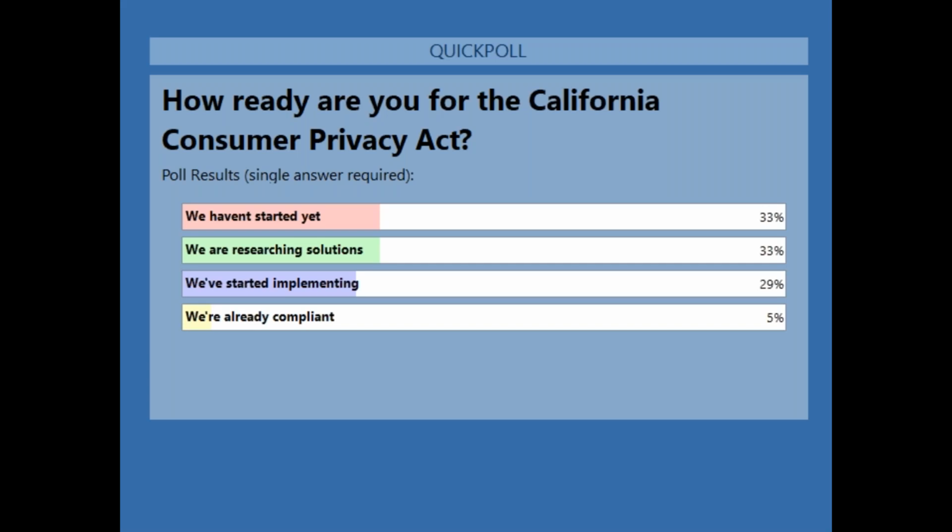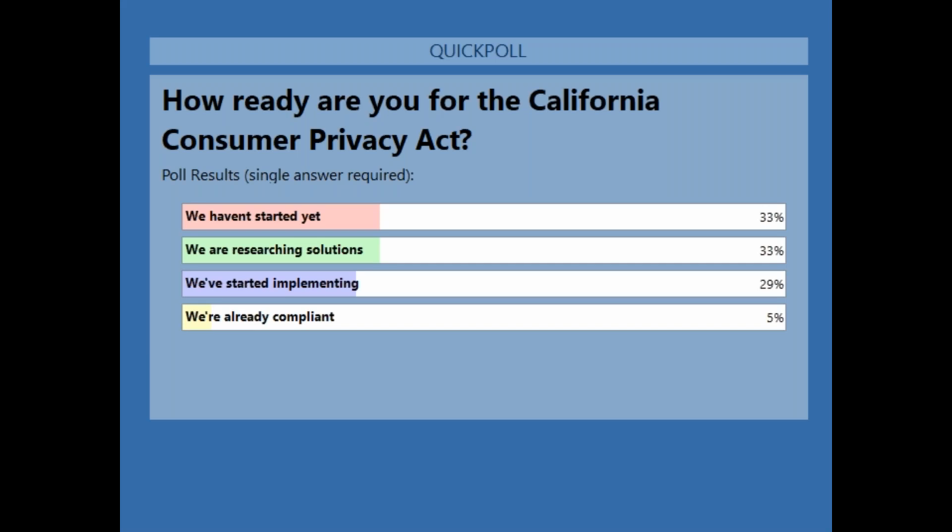Perfect. Okay, so I have the results. 33% of the audience say we haven't started yet. Yet another 33% says we are researching solutions. 29% say we have started implementing something, and 5% say we are already compliant.